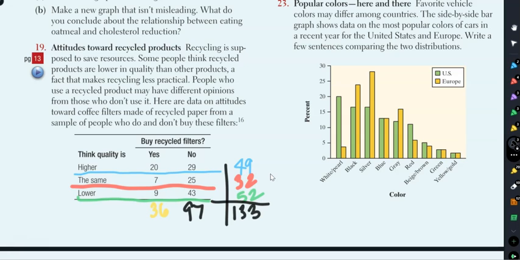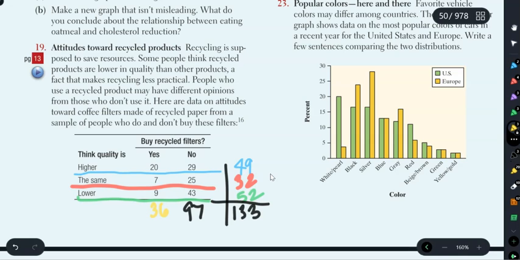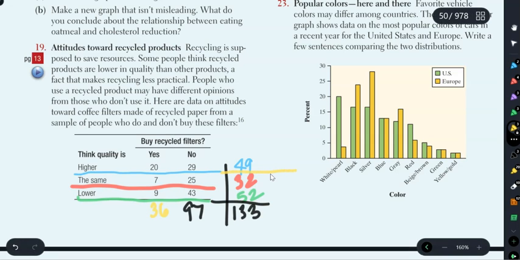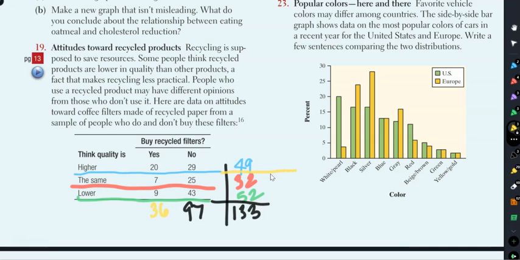So let's do the percentages. Now this would represent parts of a whole. I can do complete percentages here because I have the same group of people I sampled and put them into different categories. So let's look at this percentage-wise. All right, let's look at how many people thought that the quality of the filters was higher.